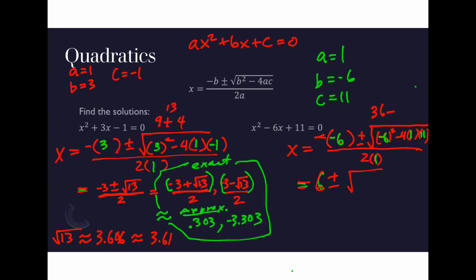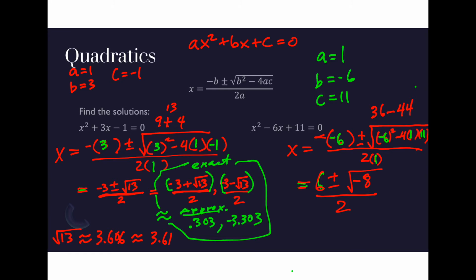If they're both positive or they're both negative, which in this case they're both positive, it's going to stay a subtraction. So that becomes a subtraction of 44. Well, 36 minus 44 is -8.